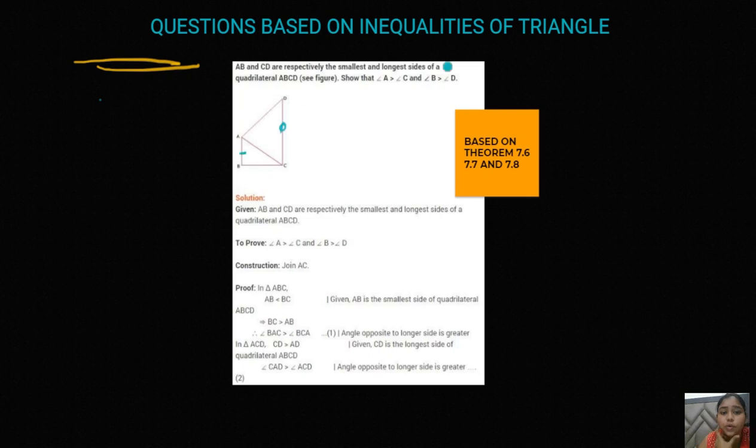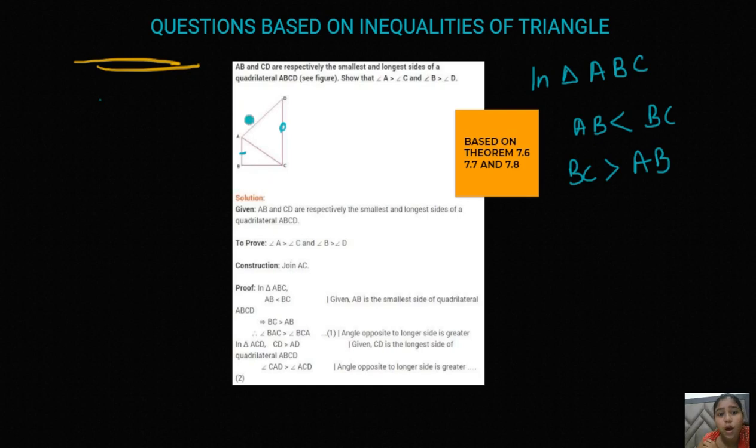In triangle ABC, since AB is the shortest side, AB must be less than BC, or we can say that BC is greater than AB. So the angle opposite BC will always be greater than the angle opposite AB. It means angle BAC is greater than angle BCA. Am I right? Now take another triangle, ACD.